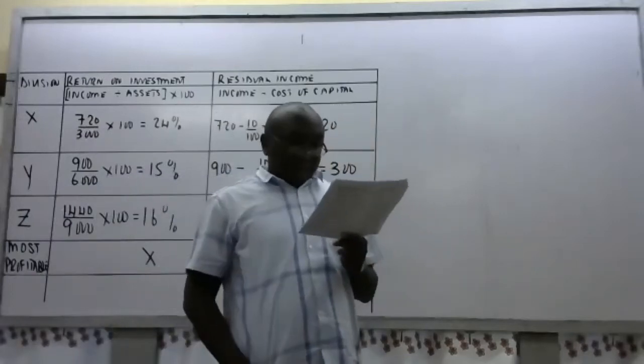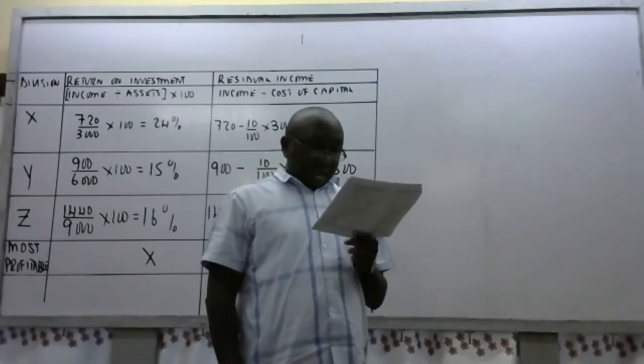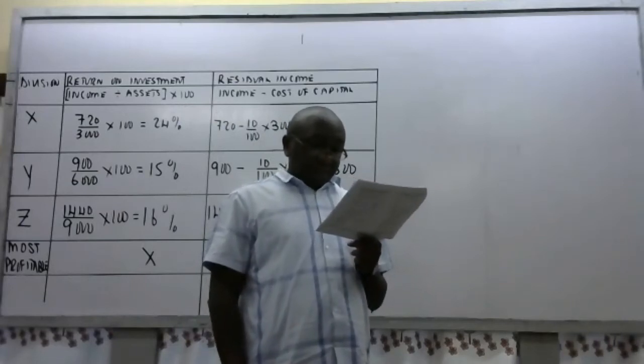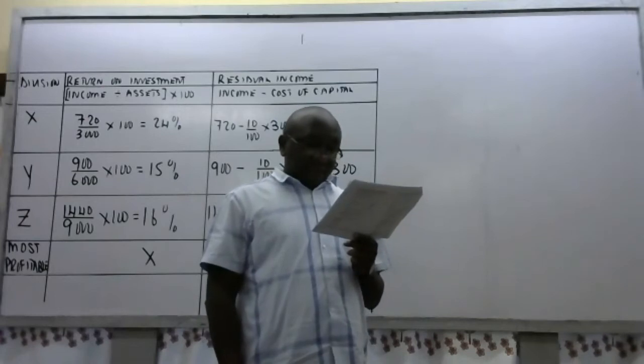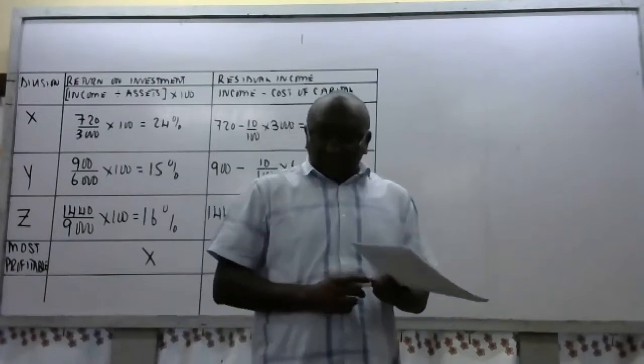Assuming there is an asset available to division X, which costs 300 and has an annual profit of 60, advise the manager of division X on whether to undertake the project, commenting on whether this is in line with the overall objective of the organization.